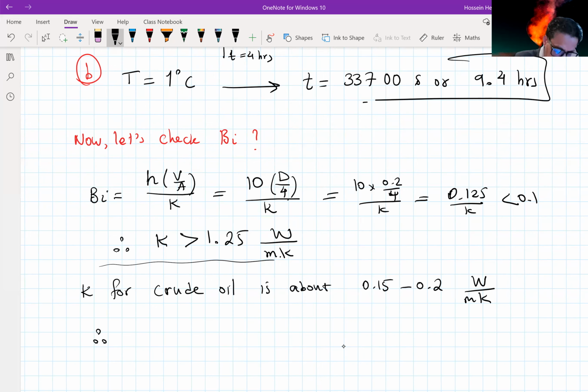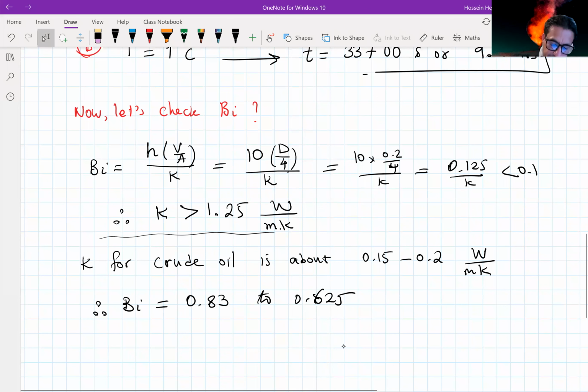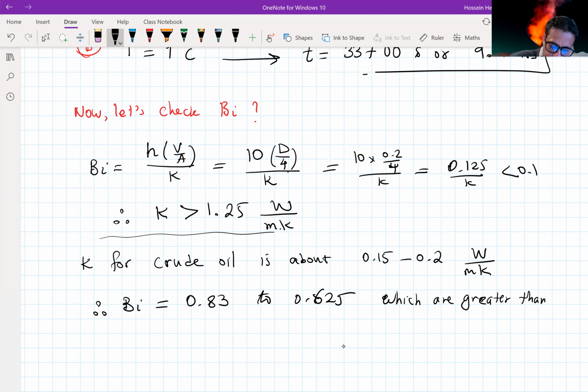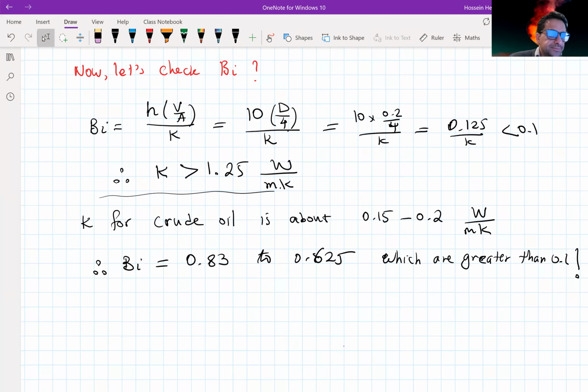Therefore, the Biot number is going to be in the range of 0.83 to 0.625, which is greater than 0.1, and what it means is our answers are not quite valid.